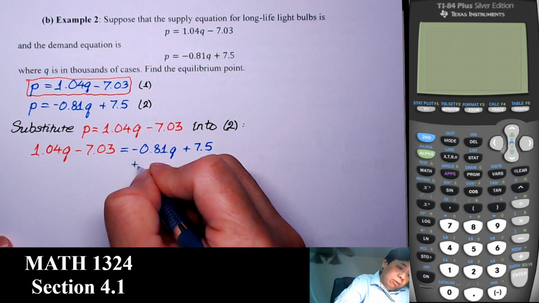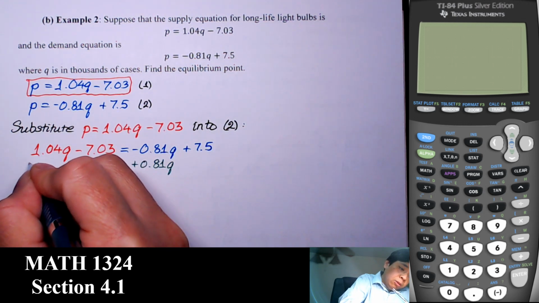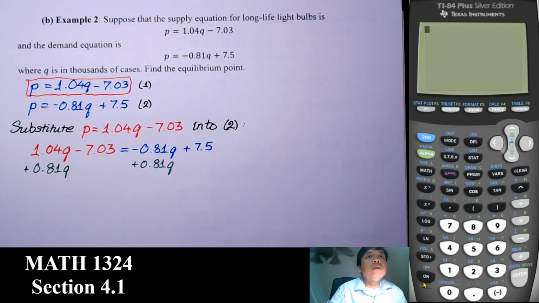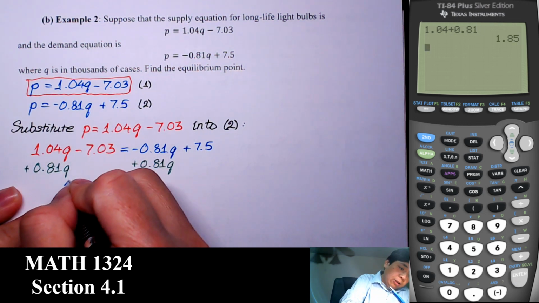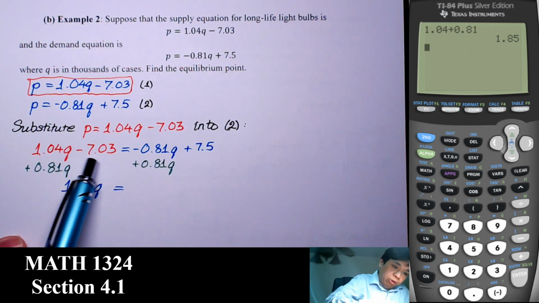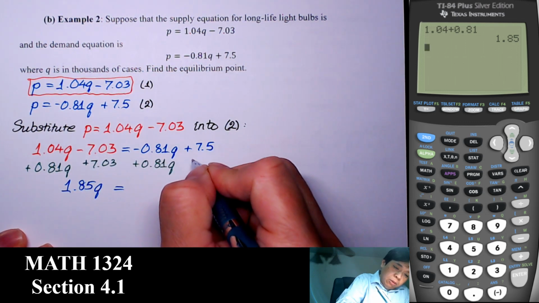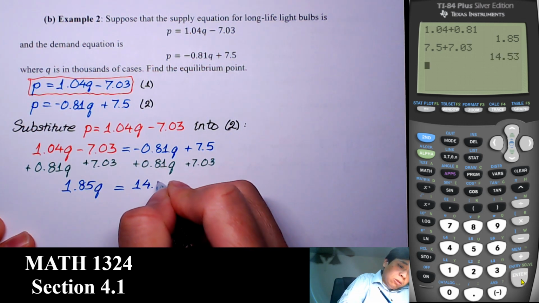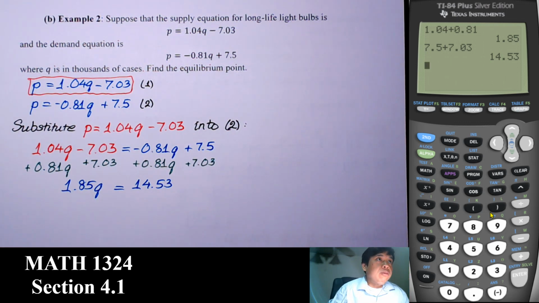And then we just solve for Q. And 1.85. Then we need to move that number to the other side, and then we divide by 1.85.